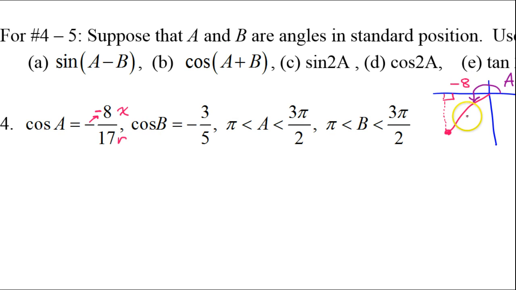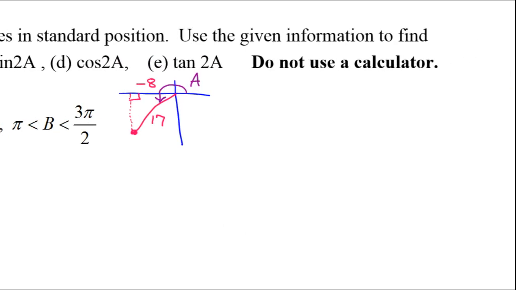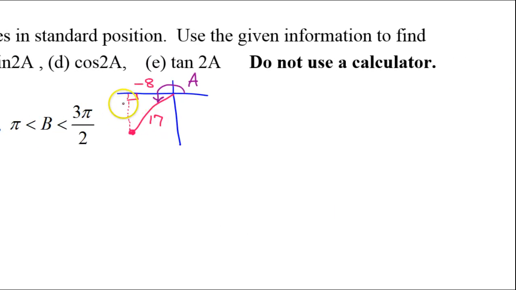The 17 goes here, because that is the radius. What I need to find now is the y value. Take care, because this y value will be negative. So when it's time to choose, choose negative for the y value, because it's down.